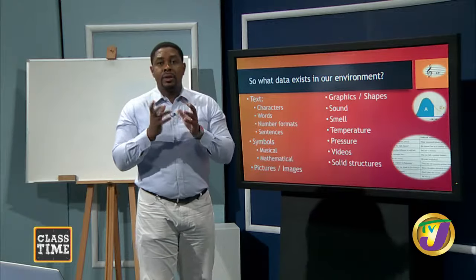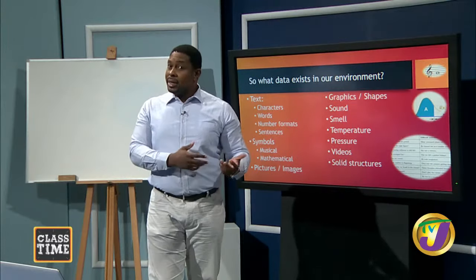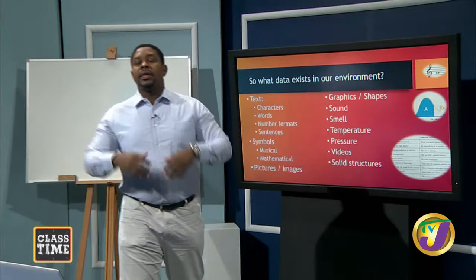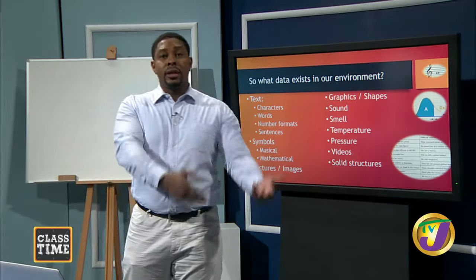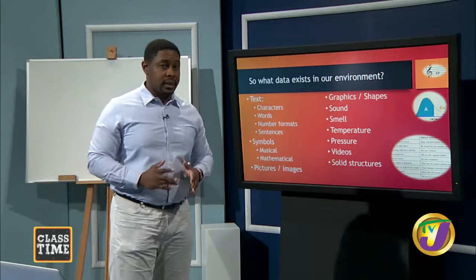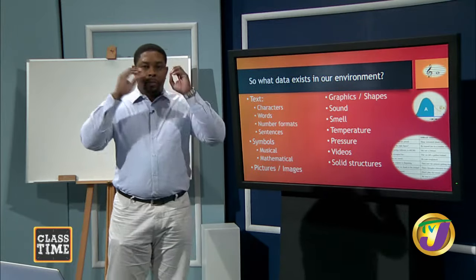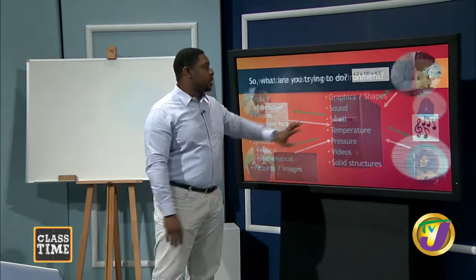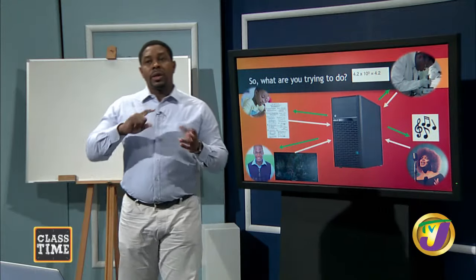And if we are supposed to make the computer understand this, we have to find a way to get this information or data into the computer. And also, we have to be able to verify what the computer gets. That is where we have to pay attention to what information technology is. So what are we trying to do?